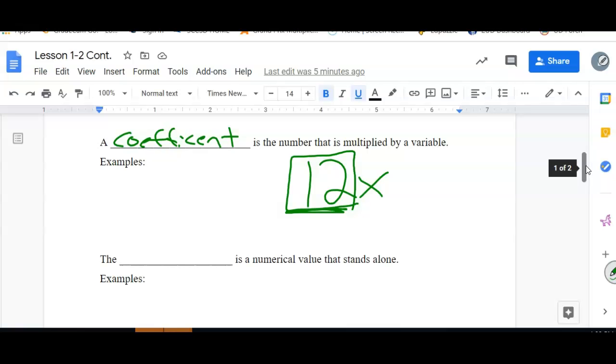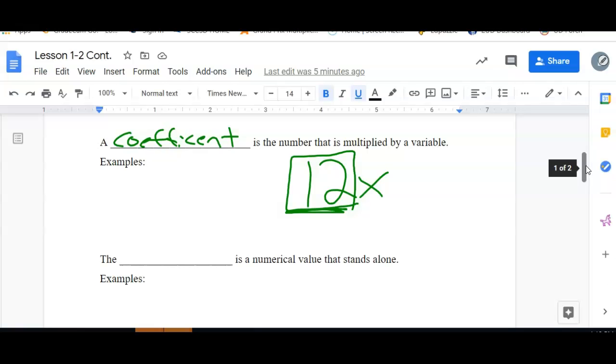Okay. So if you have 12x, 12 is the coefficient. What is the operation in between 12x? Quinn. Say it confidently. Be more confident than that. Multiplying. There you go. Nice. All right. Questions?